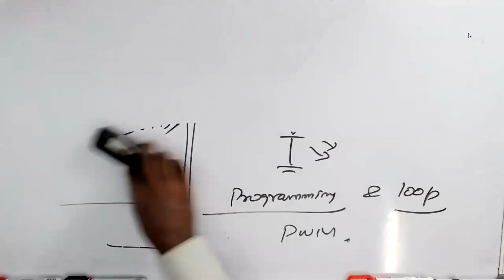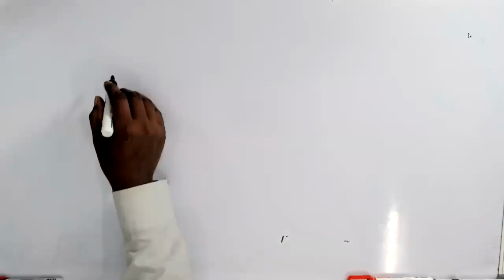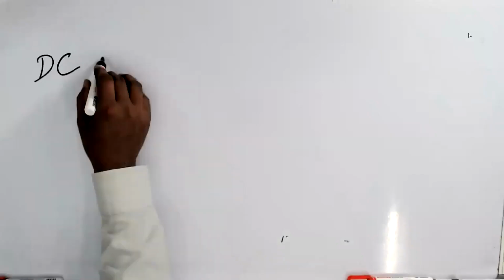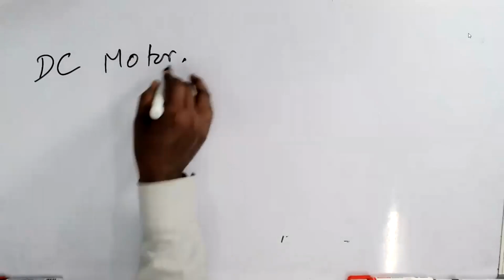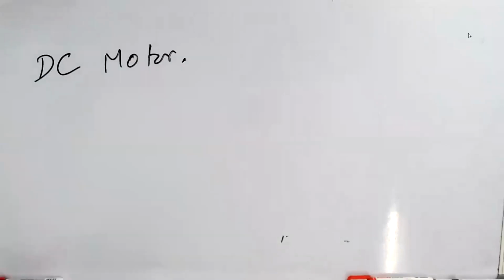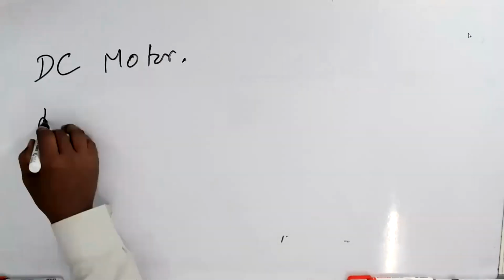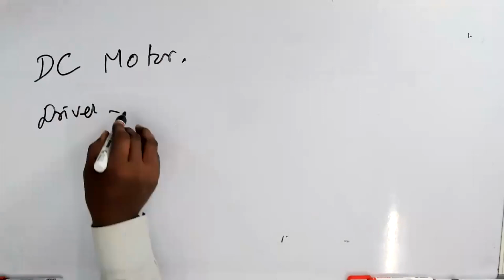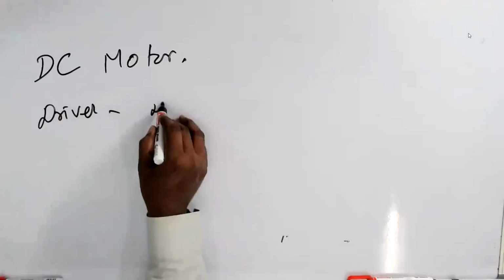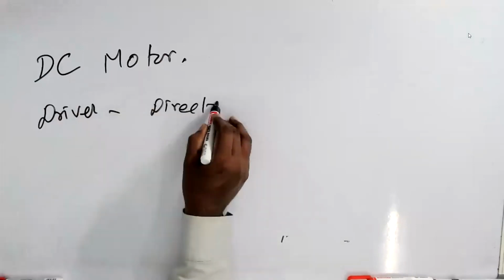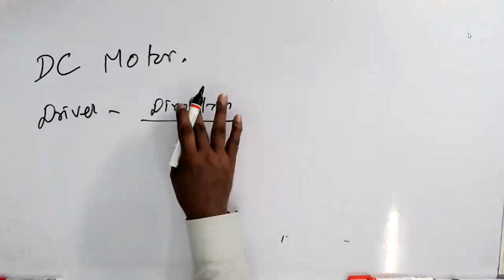Right now I'm discussing just a simple DC motor. In the DC motor itself, I discussed just a simple PWM, but I have to discuss the driver circuit. Then I have to discuss direction control. Then we have to discuss what is torque.